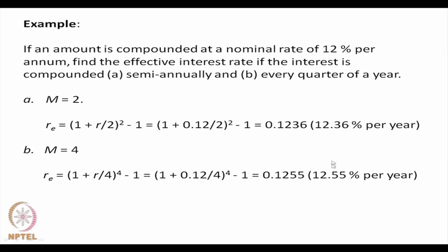Now, you can compare this: the higher the frequency of compounding of interest, the higher is the effective interest rate. This is even higher than this. Therefore, the idea given here is that if the interest rates are compounded more than once in a year, the effective interest rate also rises.